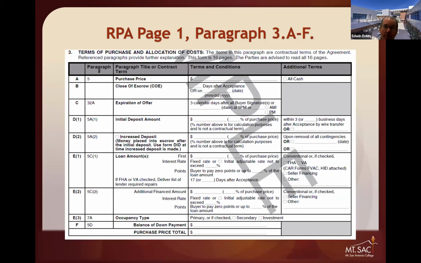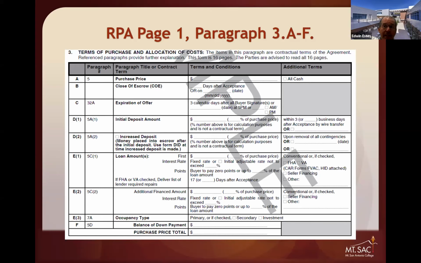But here's the tricky part. If you start typing information in there and you go beyond the space, a new addendum form called the TOP is going to automatically populate and be attached to this agreement. Now, this form cannot be viewed in the Zip Forms library.